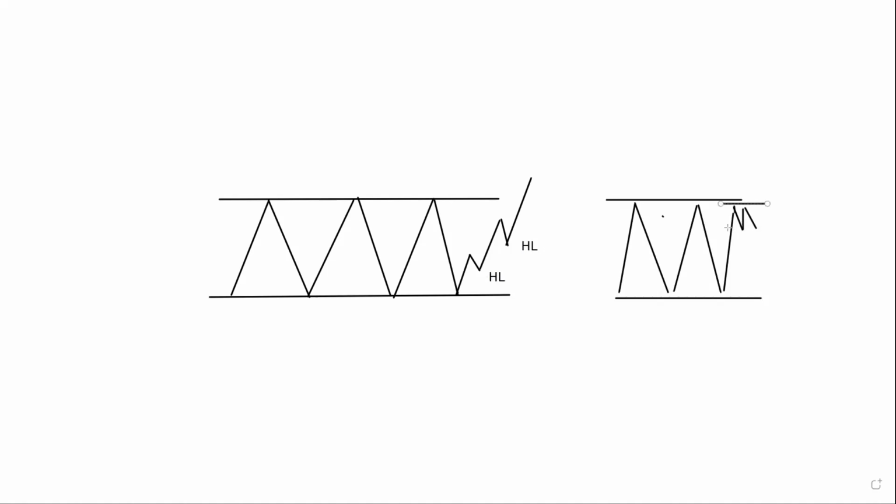This is known as pre-breakout buildup. And then finally it will break out. Got it? If this buildup is on the top, it means the breakout will be on the top. If this buildup is on the low side, the breakout will be to the downside.